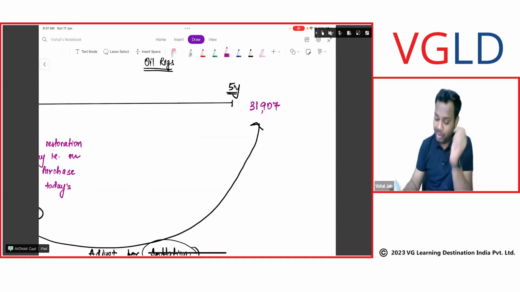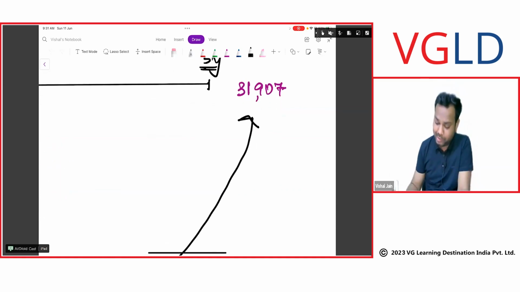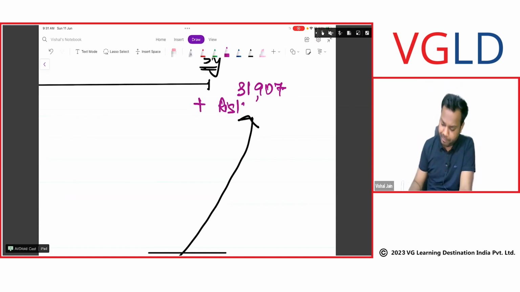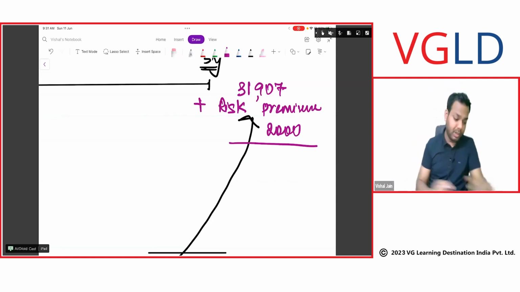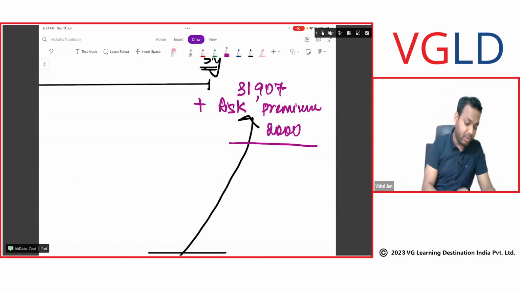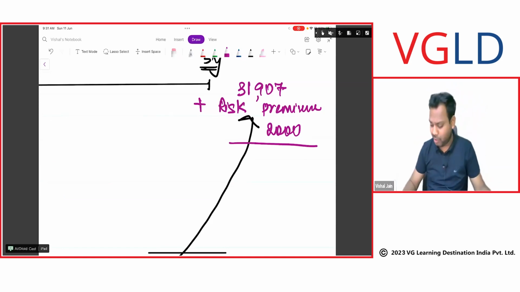Now the same thing I'll do here also. Considering that some other cost might be incurred which I cannot estimate now, I will include a risk premium. Let's suppose the risk premium amount is 2,000. Now the total amount: 31,907 plus 2,000 comes to 33,907, or let's suppose around 34,000.